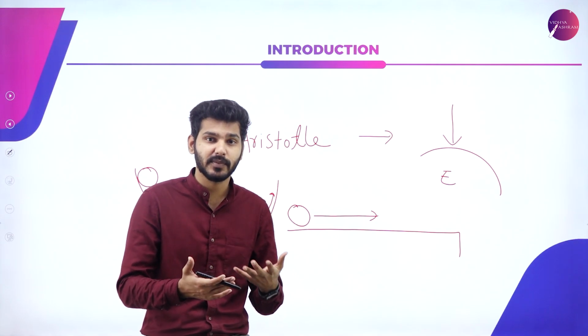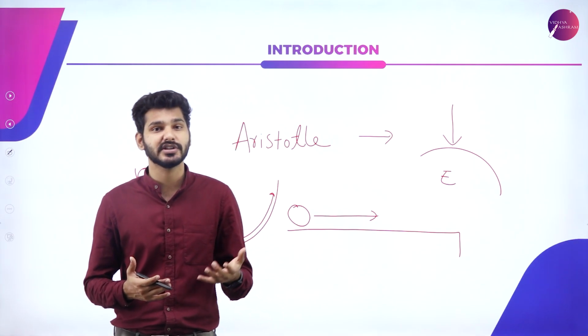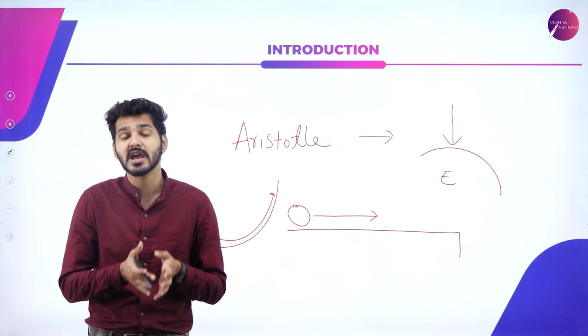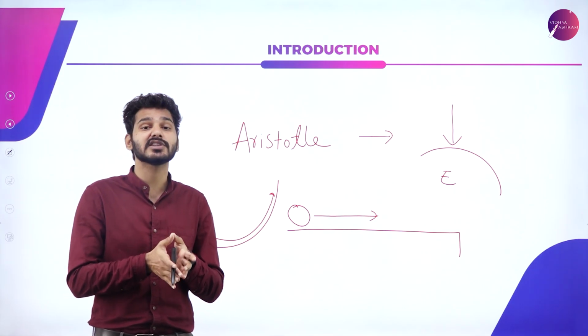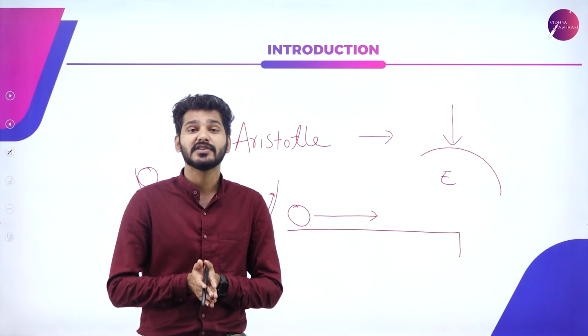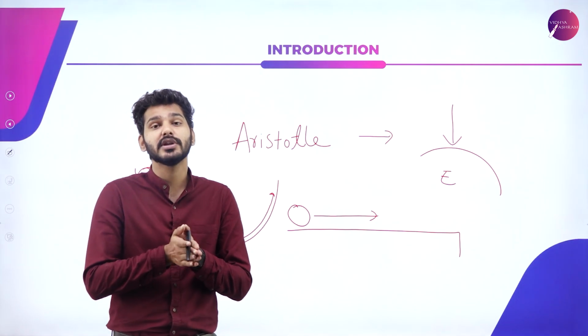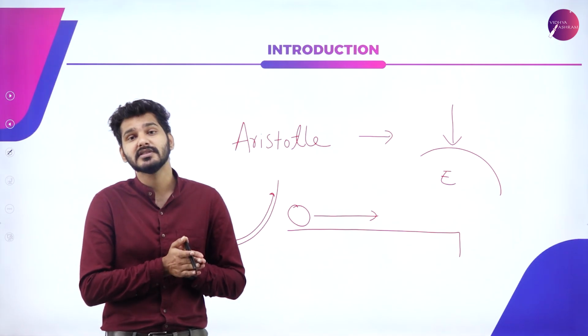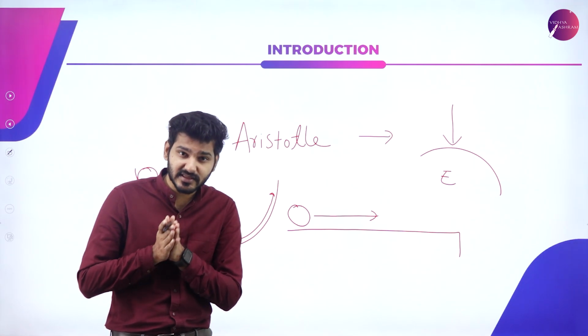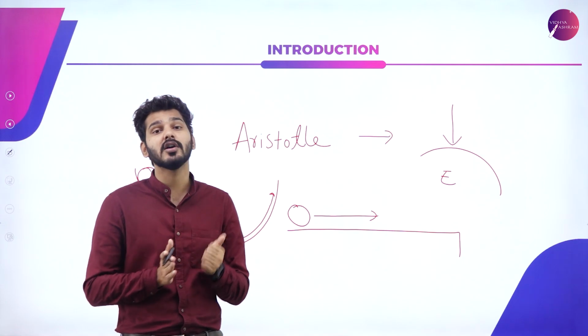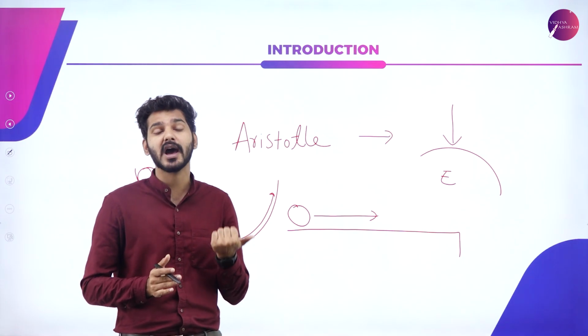He explained the behavior of certain particles, certain motions, certain trajectories based on this force. Based on these conclusions, he formulated three laws, which were later known as Newtonian laws or simply Newton's laws of motion. And that is what we are going to study in this chapter, that is laws of motion, found by Isaac Newton.